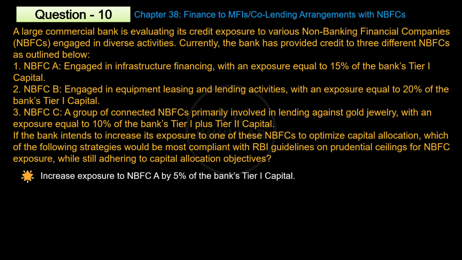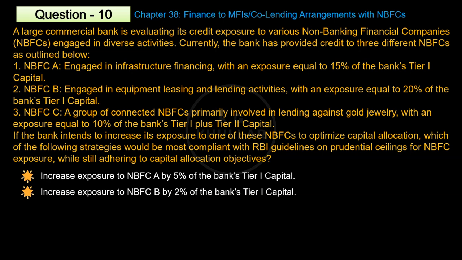If the bank intends to increase its exposure to one of these NBFCs to optimize capital allocation, which of the following strategies would be most compliant with RBI's guidelines on prudential ceilings for NBFC exposure while still adhering to capital allocation objectives? And these options are given to you. First option is increase exposure to NBFC A by 5% of the bank's tier 1 capital.